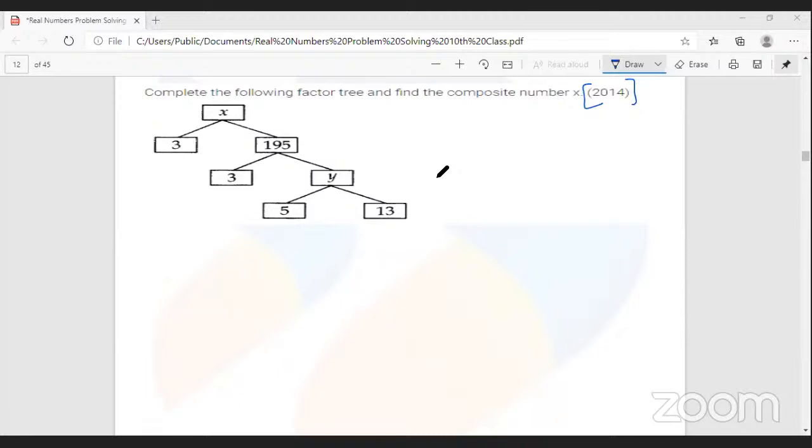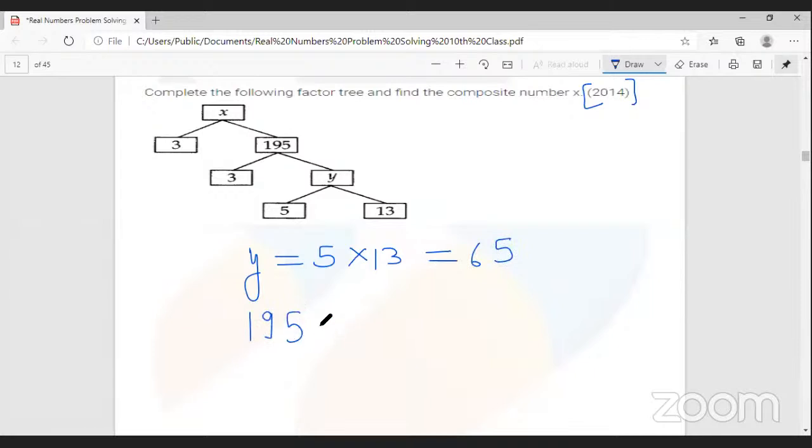But if it is given in 2 marks, then no need to worry. You will just write Y in terms of its prime factors. So it is 5 into 13. What is it? 65. Then you will mention 195 also, okay?